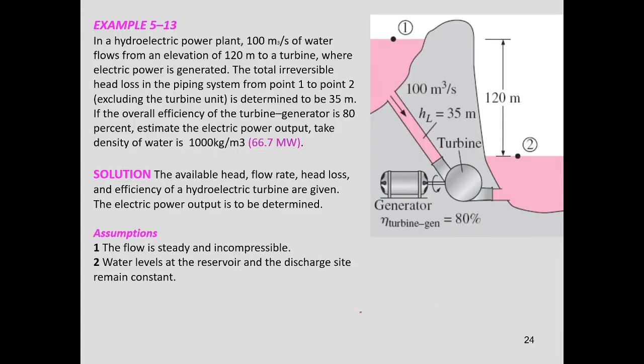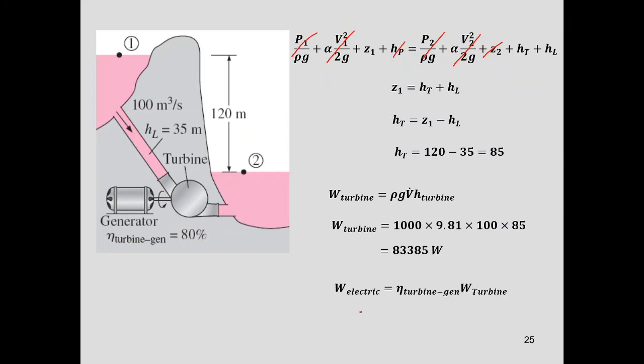Okay, just to check before. Oh, I think I made a mistake in the slide. This is kilowatt. And for this part, this is kilowatt here. Okay, so 66.7 megawatt.